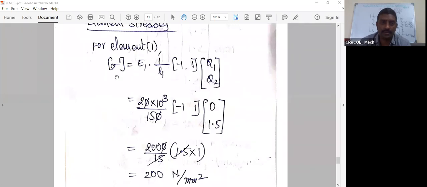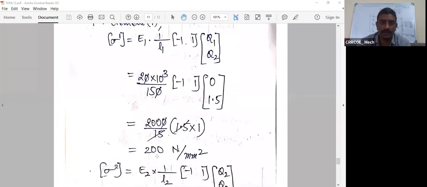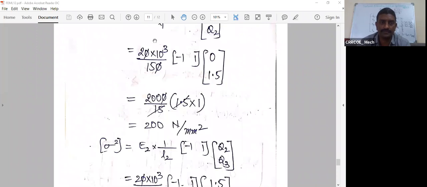So for element 1, this is the stress equation. For element 1, the stress is 200 Newton per mm square. Okay, it is tensile stress.